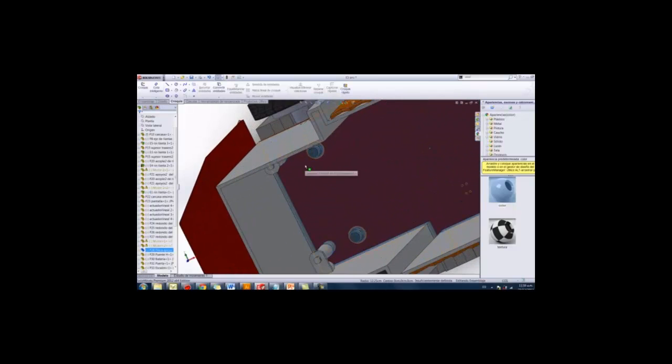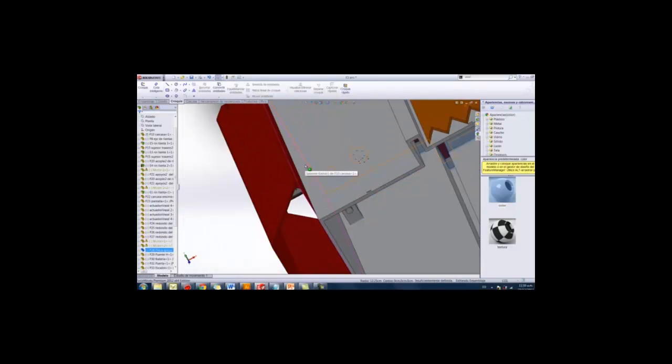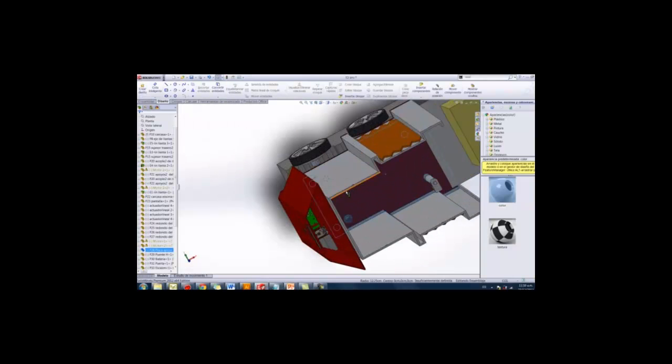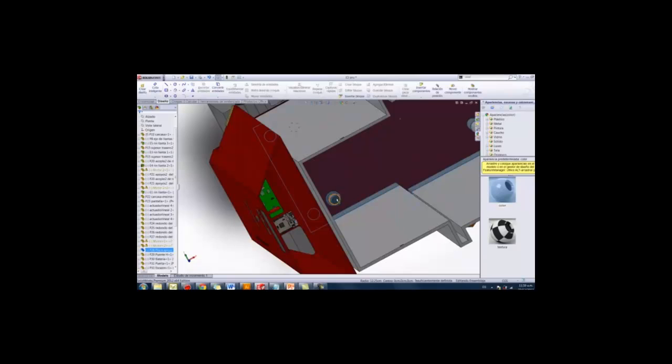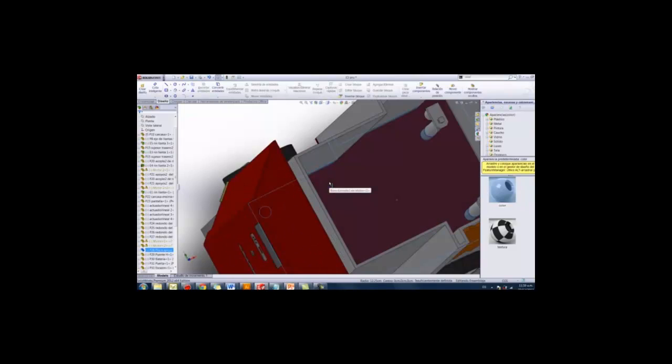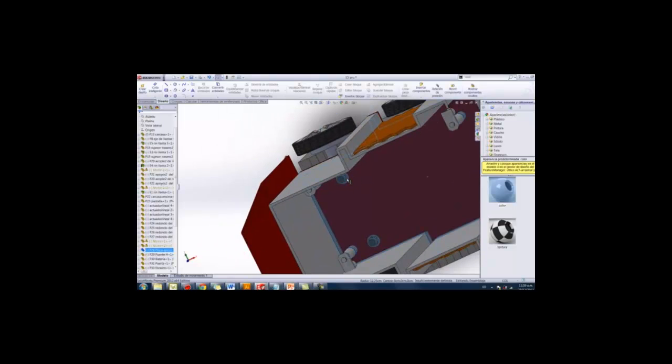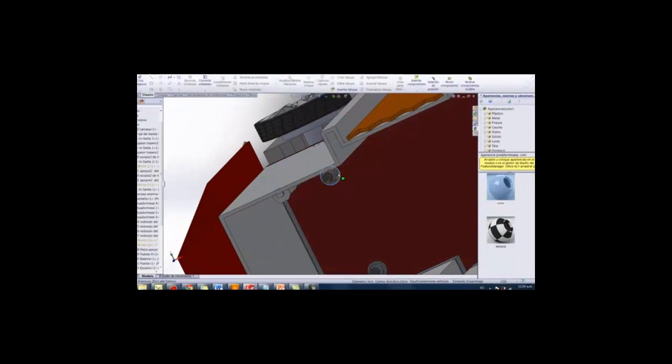Now we are rotating the CAD model to show that motor. And we can see the motor just at this moment.